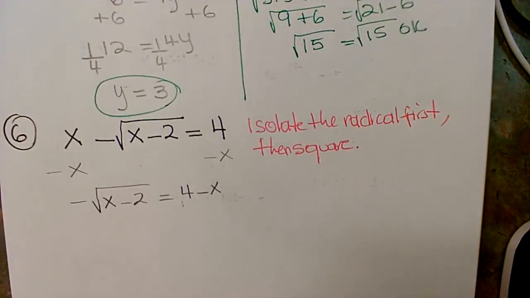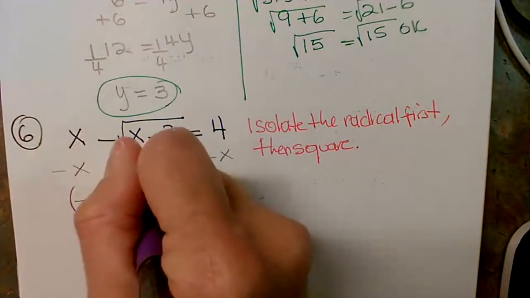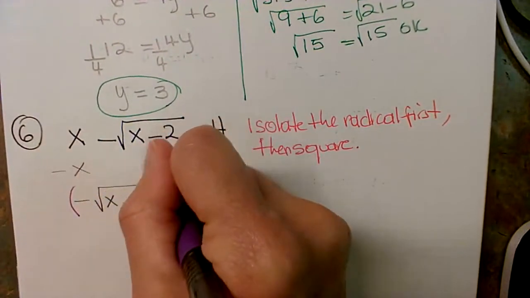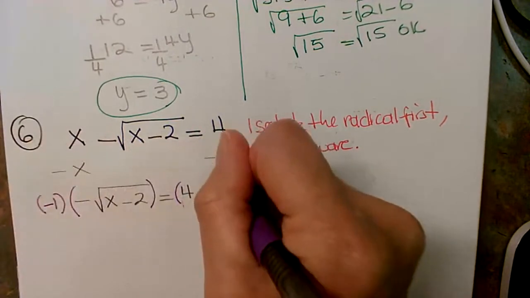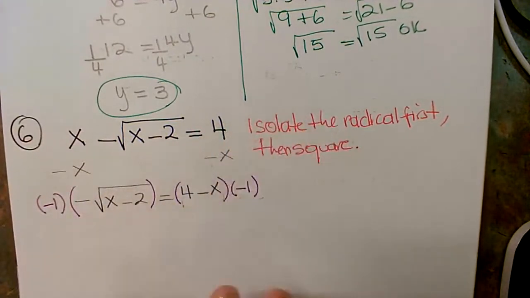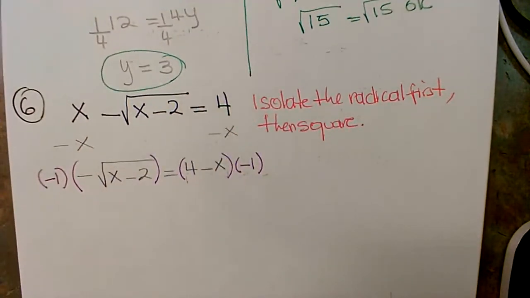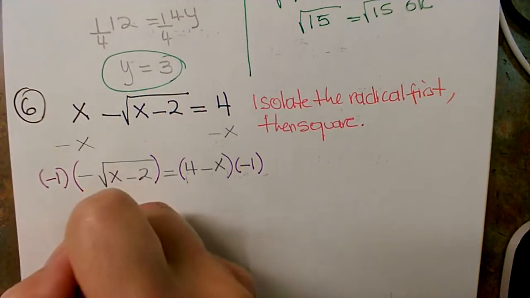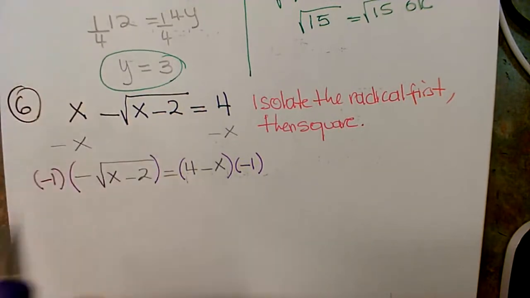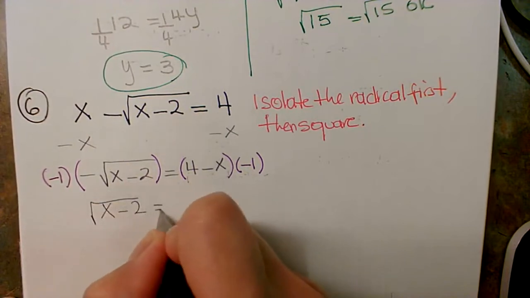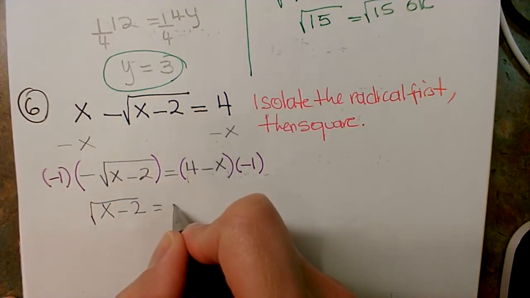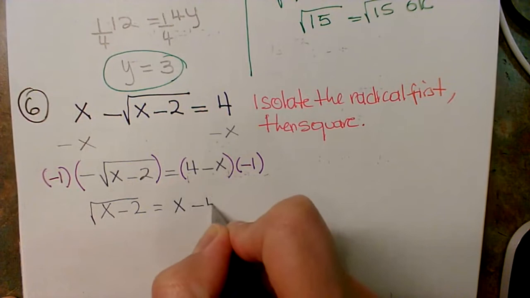But I don't want to have that negative there. So all I need to do is multiply by -1, both sides. So then I have here x minus 2, and I have here x minus 4.